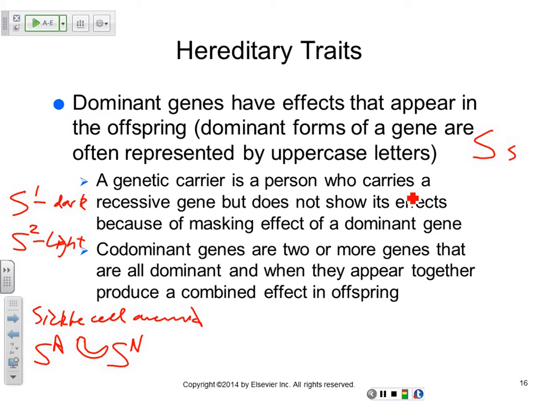So they're going to be codominant, and they'll get a sort of half-baked condition, if you will, somewhere in between, called sickle cell trait. Okay, it's not quite sickle cell, but it's sickle cell trait. You know, and there's a little bit of that. So it's in between the two. Okay, so it's diluted. So codominance does that. It will dilute the effects of two dominant genes that are inherited at the same time.